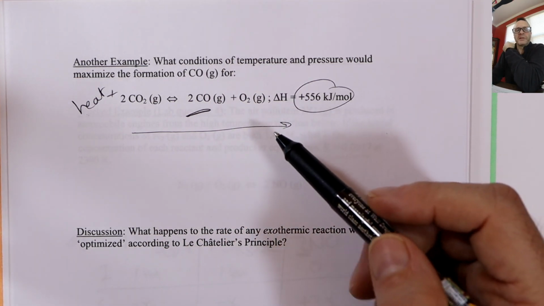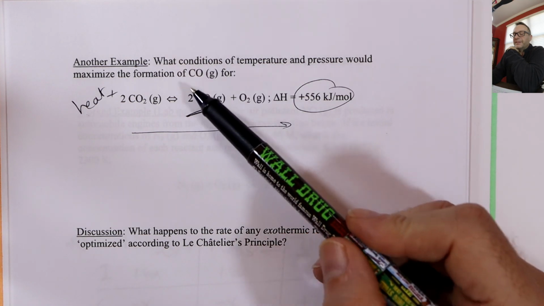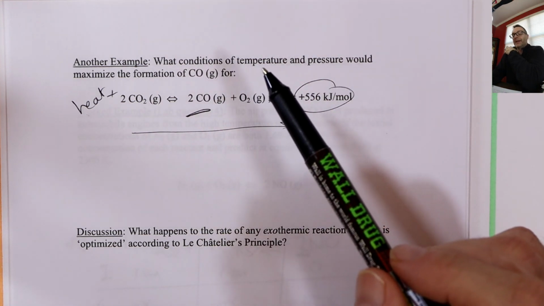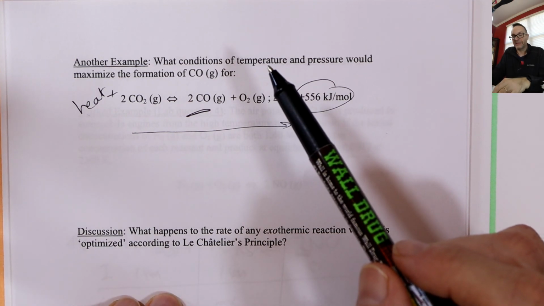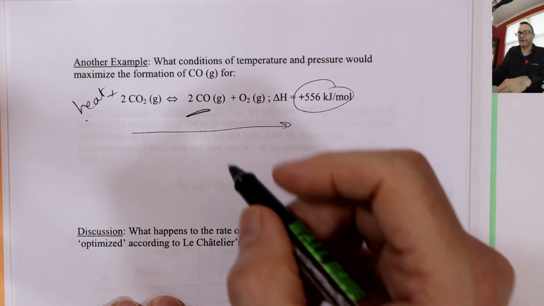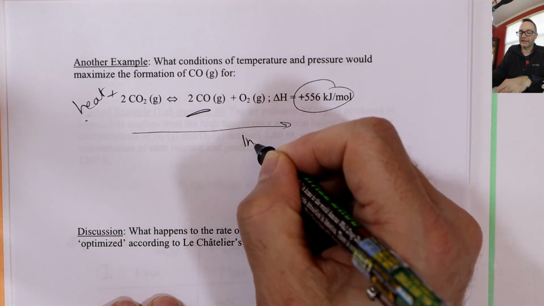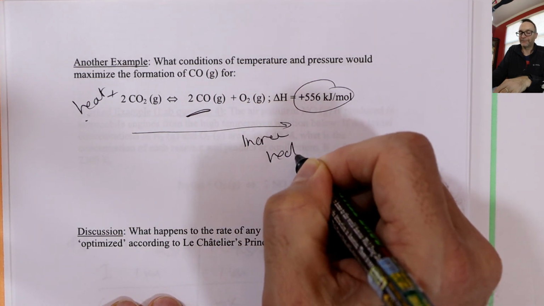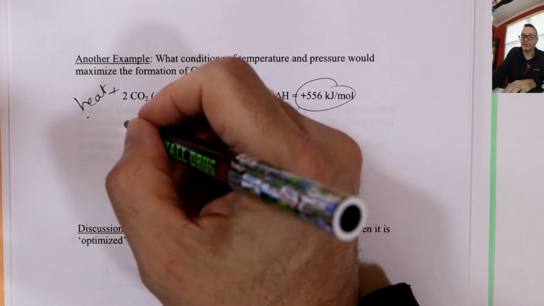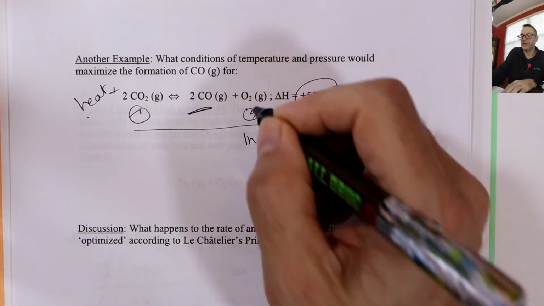Actually, I'm going to fall into my own trap. So what conditions of temperature and pressure would maximize the formation of CO2? If I add heat, it's going to want to remove heat, so it's going to go from left to right. So add heat, so increase heat. Okay, saw that before. What about gases? Well, there's 2 over here and 3 over here, right?